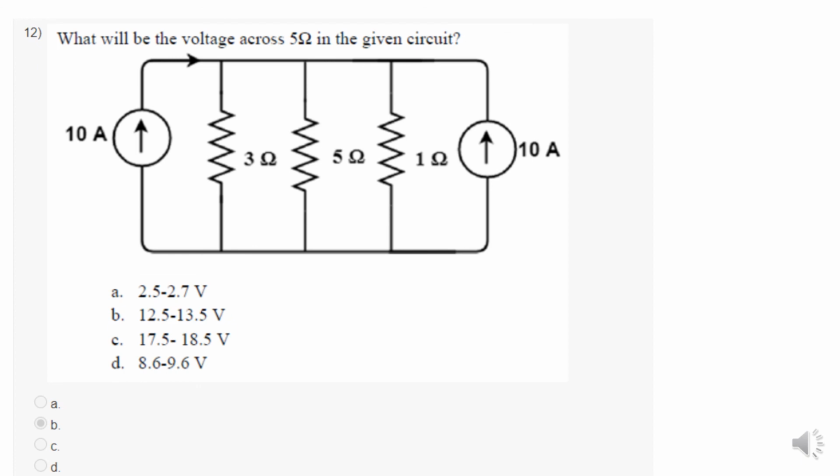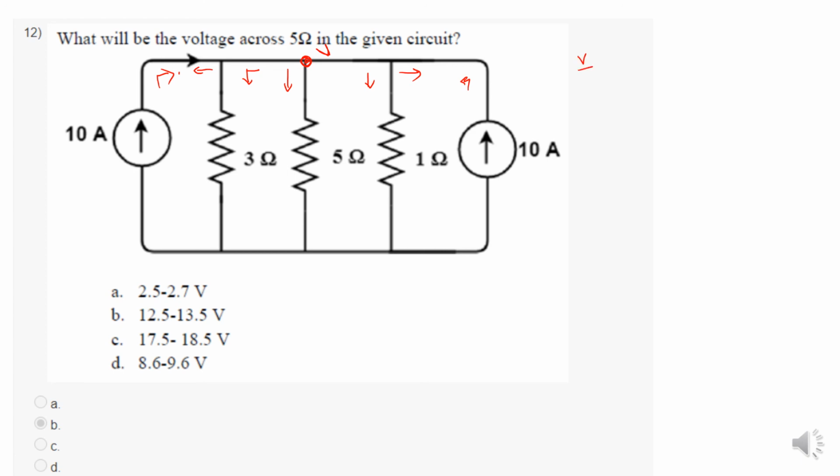Next, what will be the voltage across 5 ohm in the given circuit? Have to mark the voltage here. So this is the nodal voltage V. Have to apply the nodal analysis here. So all the currents are assumed flowing away from the junction, and here as actual direction is towards the junction, but assumed direction is away from the junction. Now I have to write the equation.